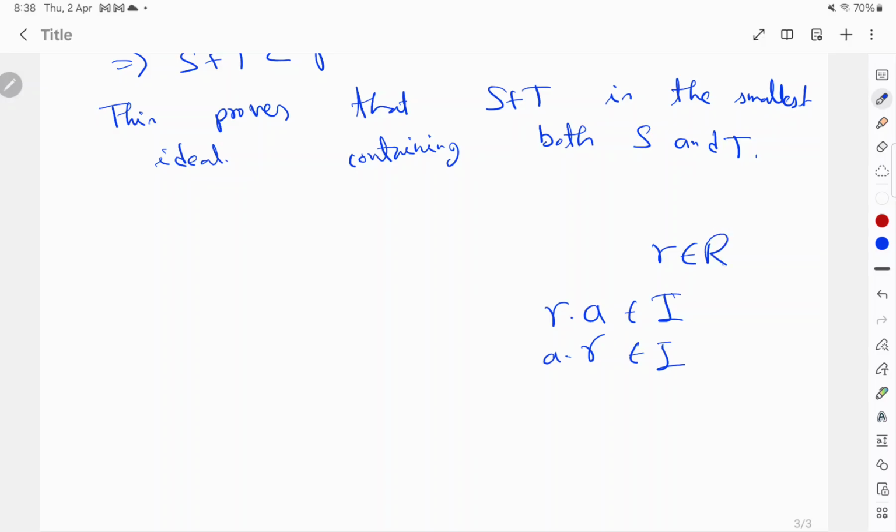Now just think, if your ideal contains the unity, the one, whatever its unity, then obviously this will be your R, right? So that's why you have the next theorem.